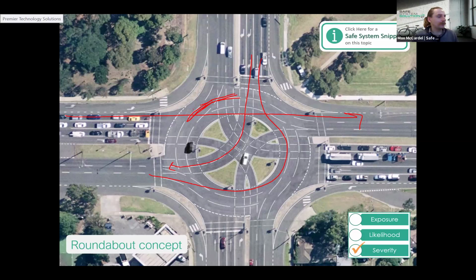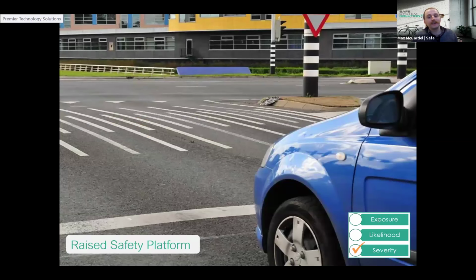Instead, what we could look at, which was mentioned in the little exercise, was raised safety platforms or raised intersections. Now, the idea behind this is we are slowing vehicles down through the use of vertical deflection prior to the conflict point.